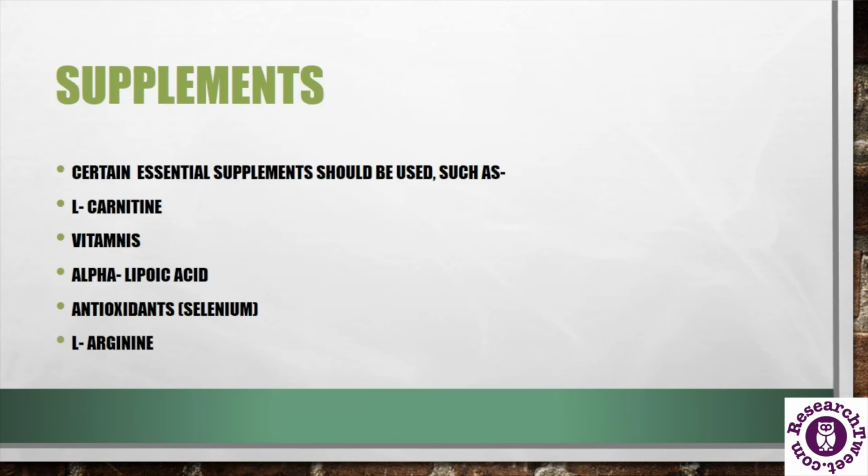So basically there is no proper treatment for mitochondrial dysfunctioning, but there are several supplements which are also considered as a treatment. These essential supplements, which are very useful for the proper functioning of mitochondria, are creatine, vitamins, alpha lipoic acid, several antioxidants and arginine.